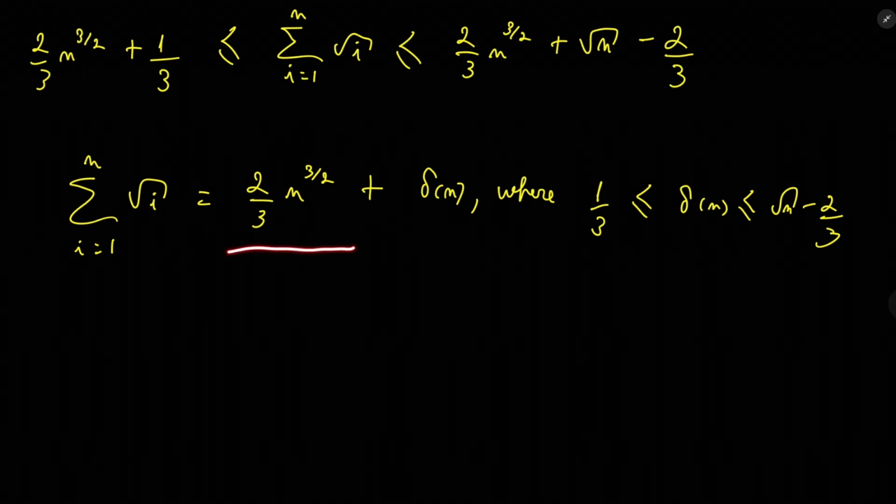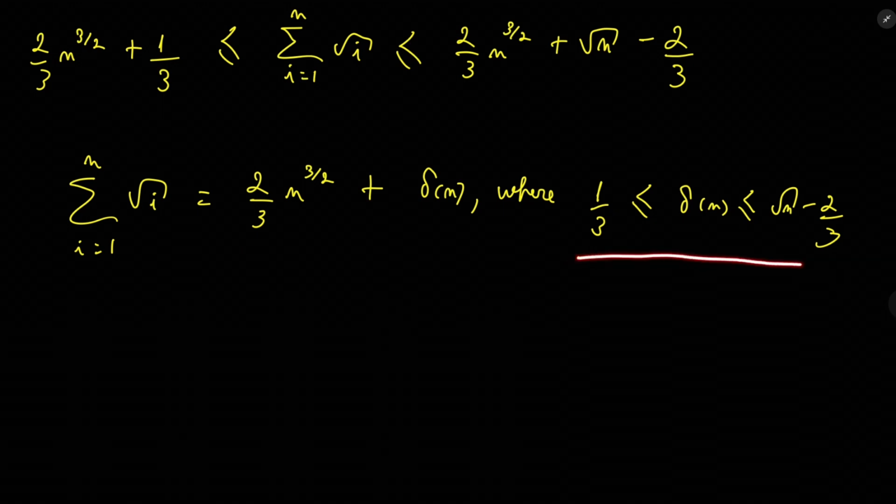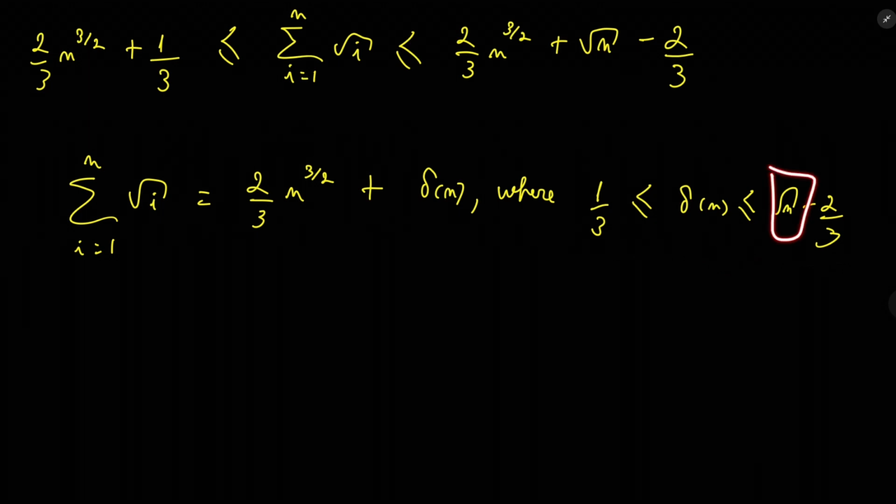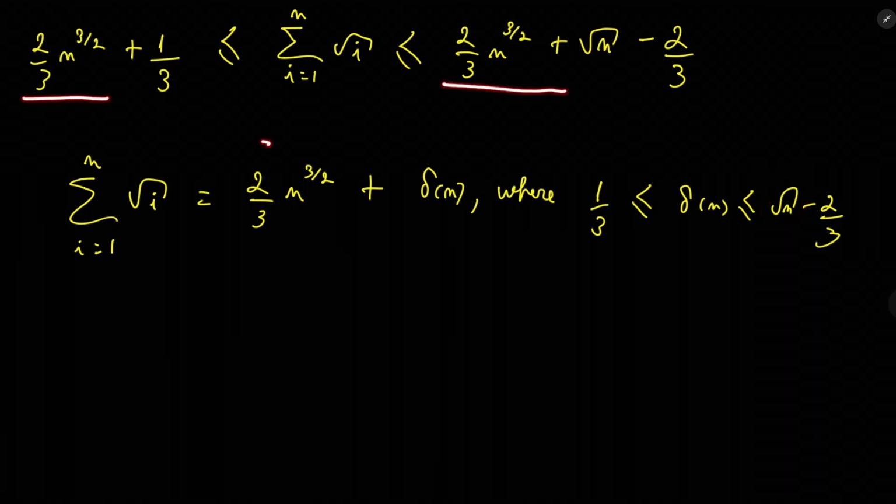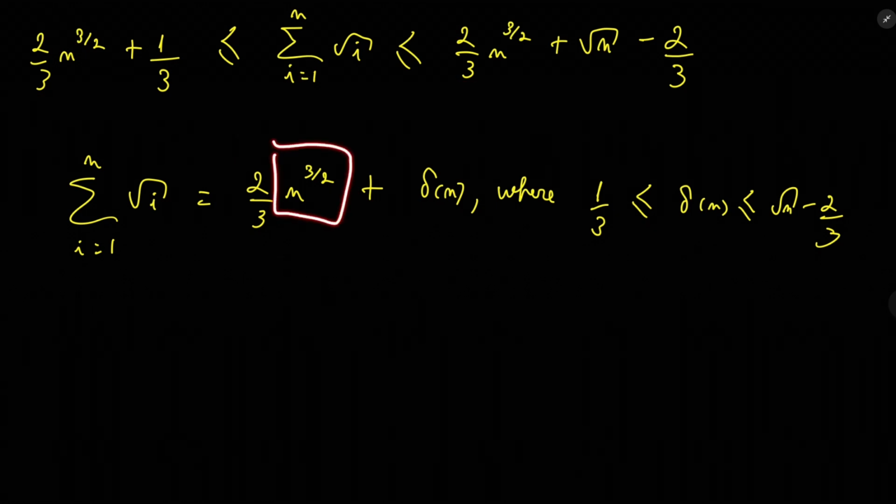Growth of the bounds of our answer and growth of the gap or our error. How fast does our error grow? Well, it is bounded by square root of n, so it does get bigger as n grows, but it grows as square root of n. While the sum, our bounds, grow as n to the 3/2.